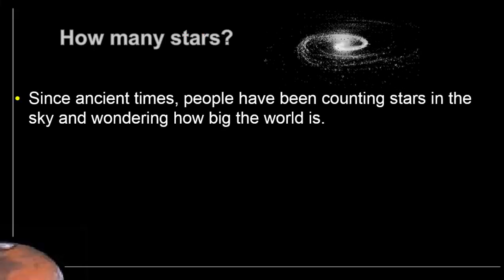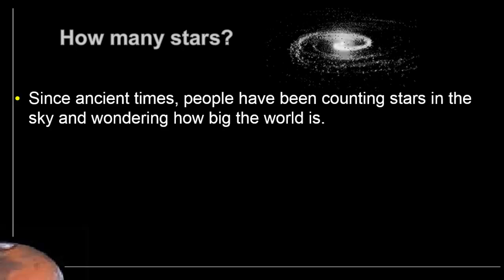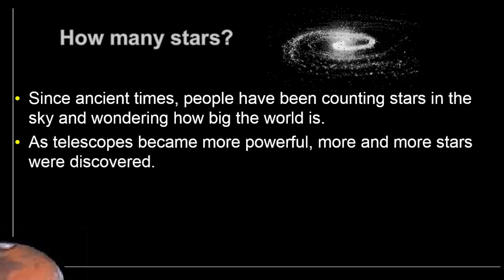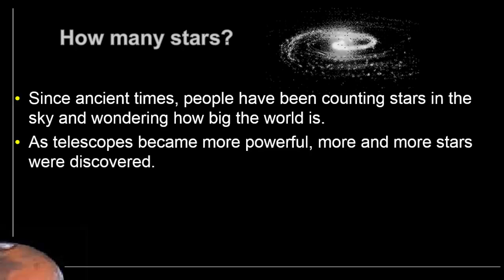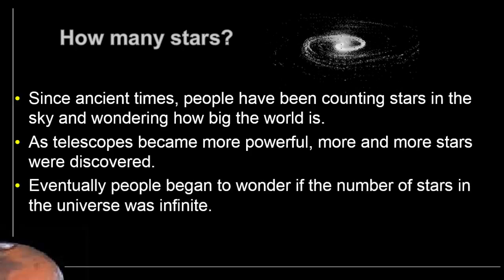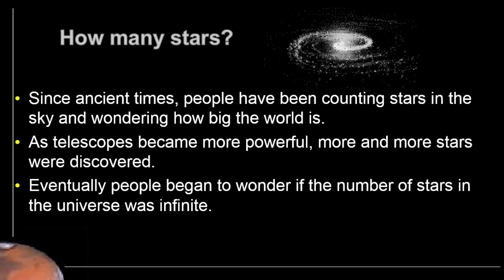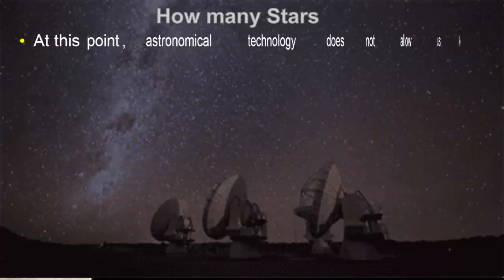Since ancient times, people have been counting stars in the sky and wondering how big the world is. As telescopes became more powerful, more and more stars were discovered. Eventually, people began to wonder if the number of stars in the universe was infinite.